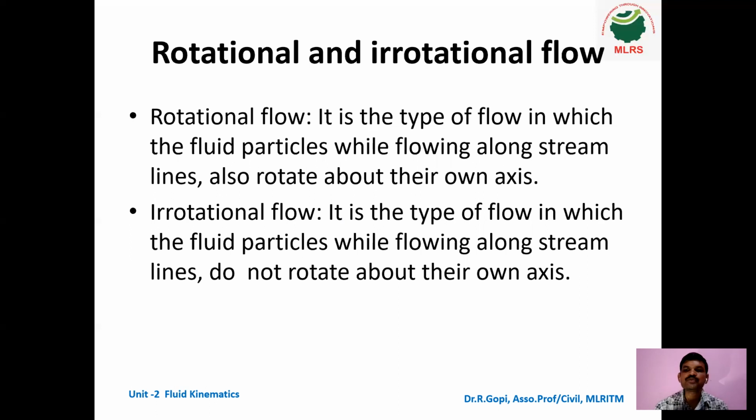Whenever it moves, that round-shaped fluid particle rotates about an axis. So rotation occurs here, and it is called rotational flow. Irrotational flow means rotation does not occur, so the particles do not rotate about their own axis.